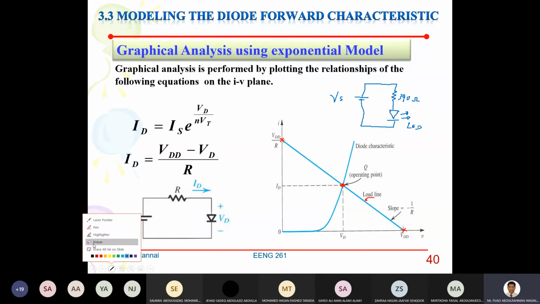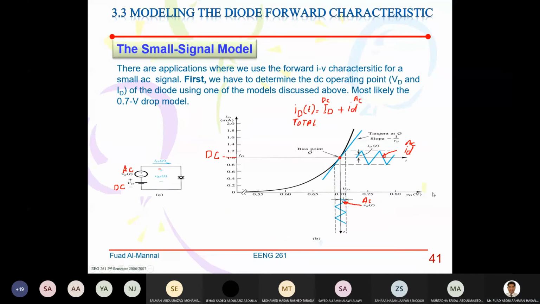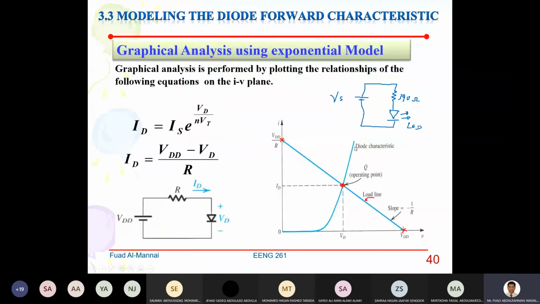Now, what we're going to do is this. We're going to take the curve here and choose a point where we're going to operate, where we're going to put our signal at the input. We choose, for example, this point here on the graph.